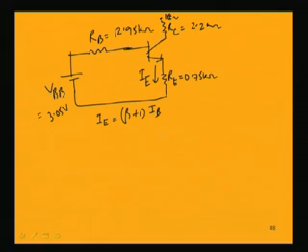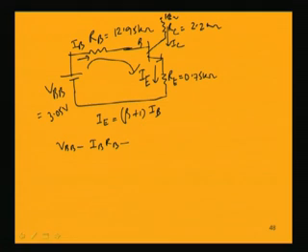Now, if we consider this input side, the current flowing here is IB, here is IC, and here is IE. Now, VBB minus IB into RB minus VBE, the base to emitter drop, minus IE into RE, that is (beta plus 1) IB into RE, is equal to 0.